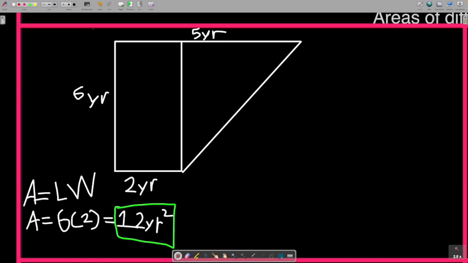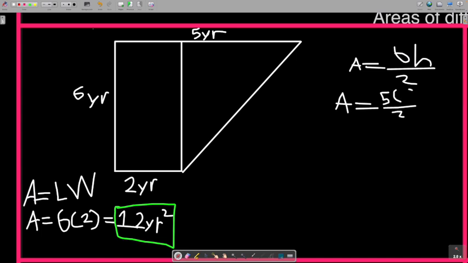And now let's do the triangle, which we know from our previous examples is BH over 2. Now what is the base of this? It is just 5 yards, so let's just write that. Now this is the tough question. What is the height?